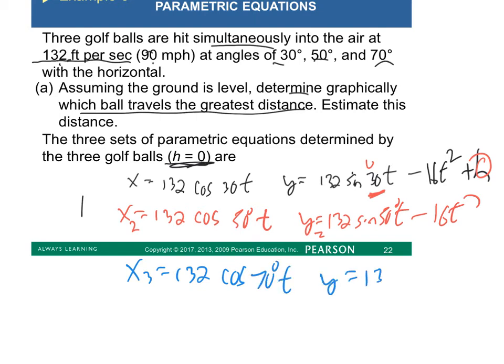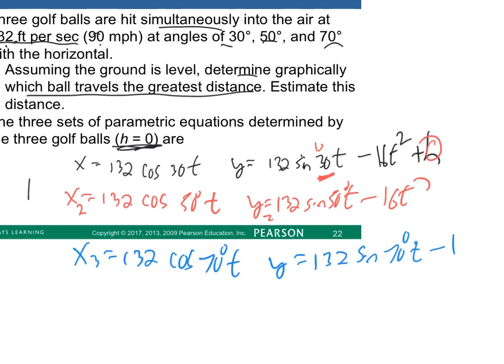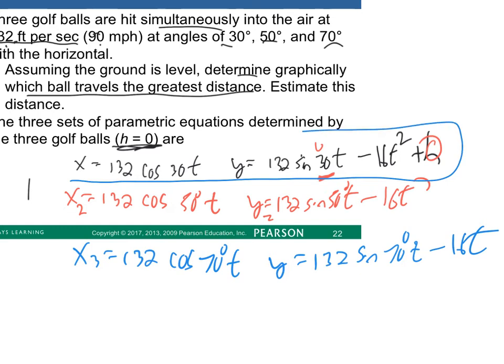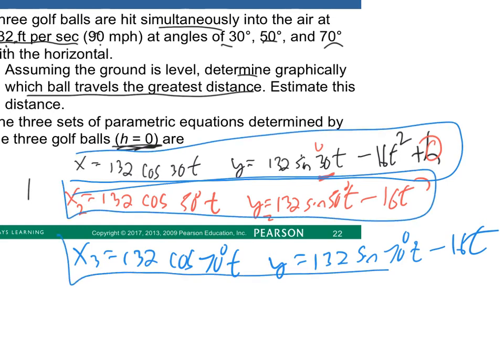Y equals 132 sine of 70 degrees t minus 16t squared. So there's your three sets. They're at least easy. The 30 is easy to do. The 50 and the 70, I don't know what the cosine of 70 is, so you have to plug them in your calculator.